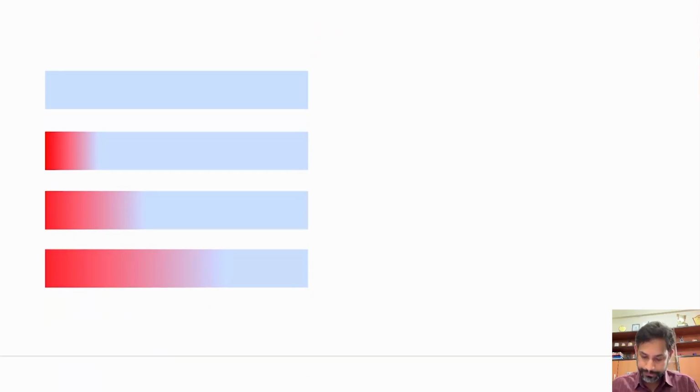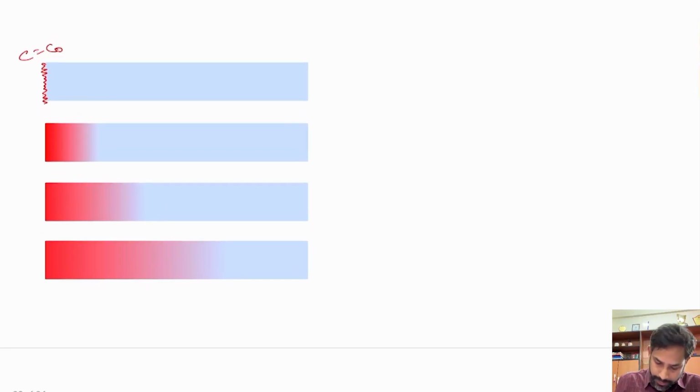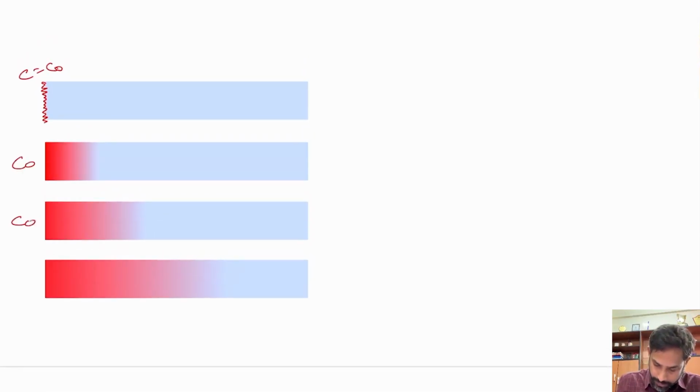This is the profile. This is basically the problem we are considering, where we assume that there is a salt concentration of C0 which is maintained constant at all times. And if you want to plot the concentration, basically it will look something like this.